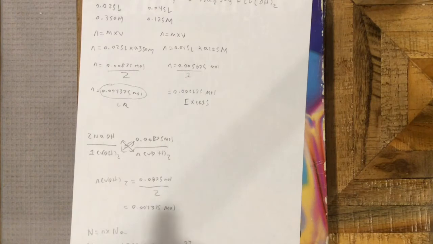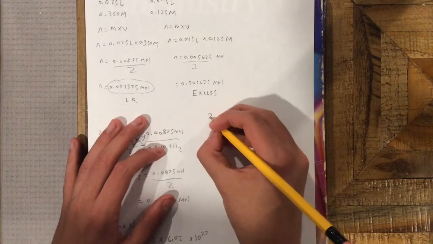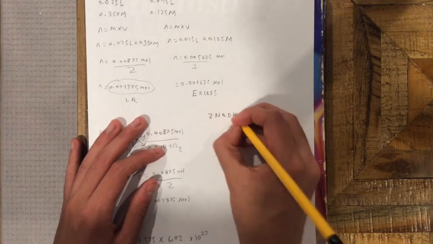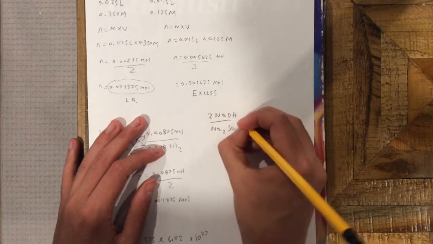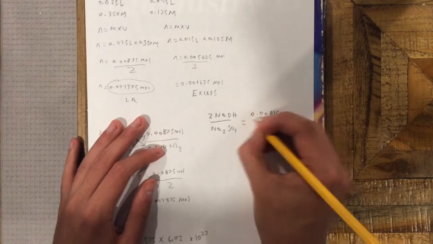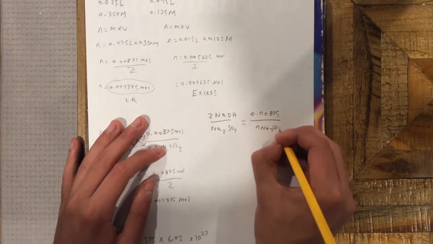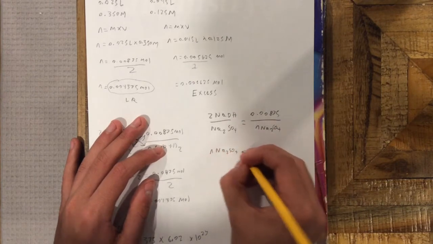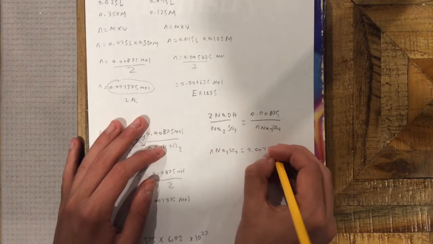For the second part, we're going to determine the concentration of sulfate ions after the reaction. So first we solve for the number of moles of Na2SO4, so NaOH over Na2SO4 is equal to, and we already have the number of moles from before, 0.00875 over the number of moles of Na2SO4. So we get the number of moles of Na2SO4 is equal to 0.004375.